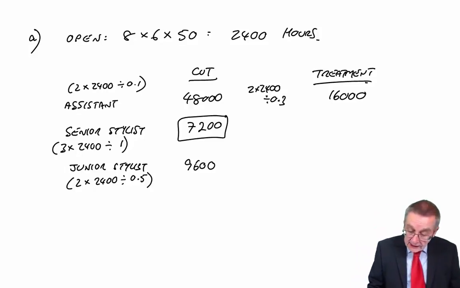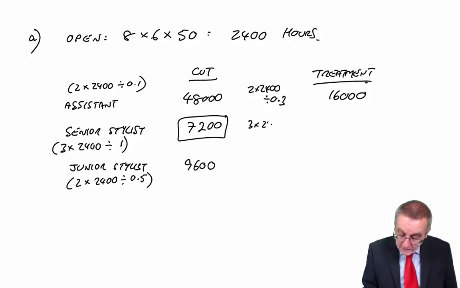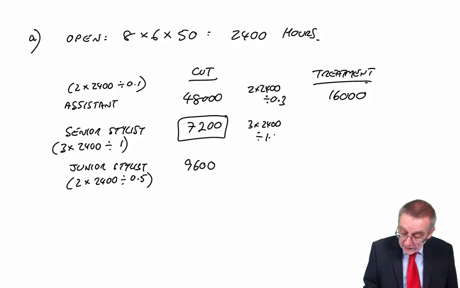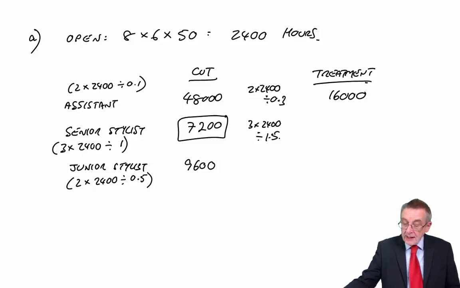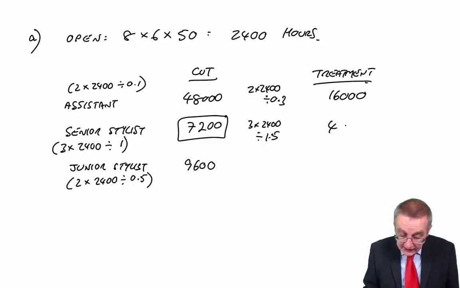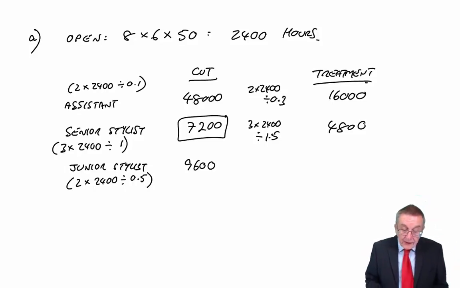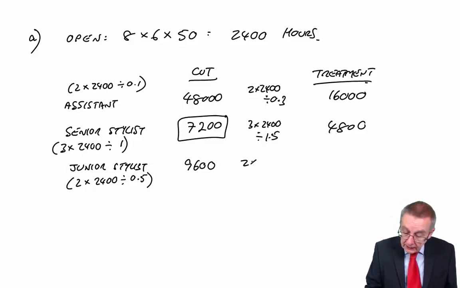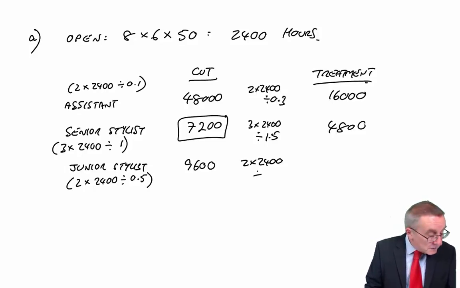The senior stylist, remember, there's 7,200 hours. It's 1.5 hours of treatment. So they could deal with 4,800 customers. And finally, the junior stylist, 2 of them.